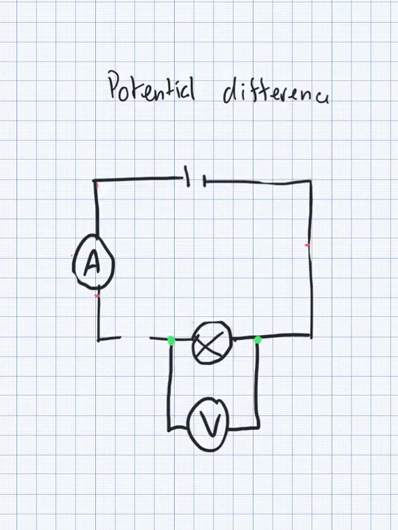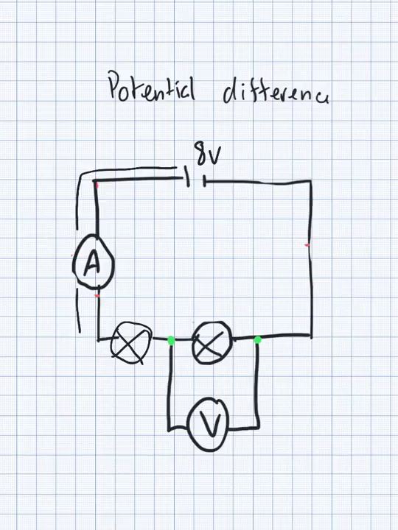So if we just add in another lamp here, we'll demonstrate that. Okay, and we're now saying that if we had 8 volts of potential difference, the current would come around, and here we might see that this one would get 3 volts, and perhaps this one might get 5 volts.